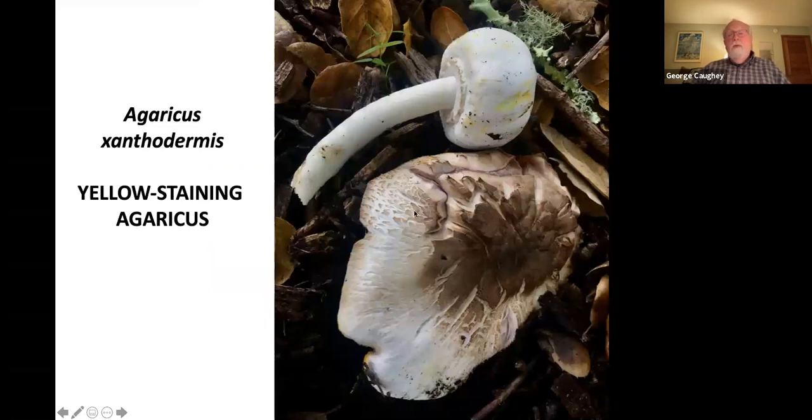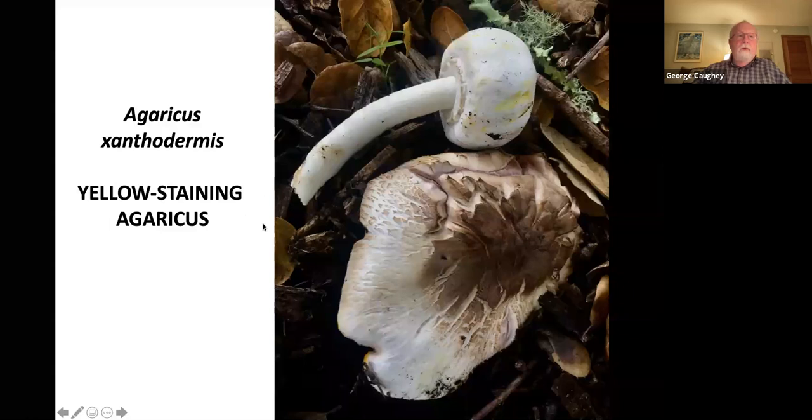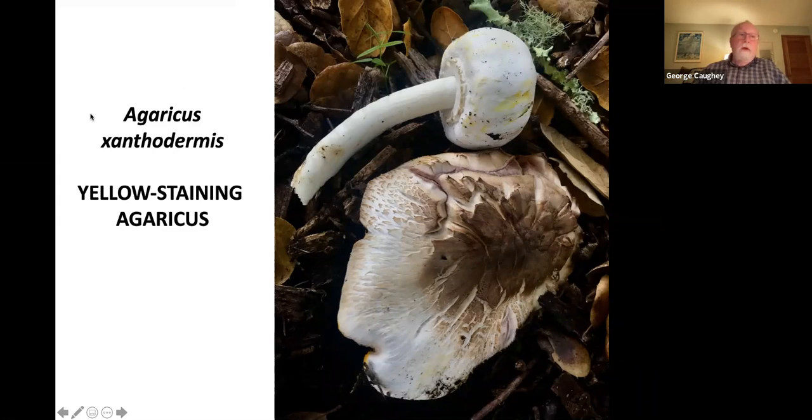Here's another one. This actually came from Huddart Park, but it's a different species. It's Agaricus xanthodermus, the so-called yellow staining agaricus. I hope you can see the yellow staining if you scratch the surface. Otherwise, it looks a lot like a button mushroom. It's still the agaricus genus, but these two mushrooms are the same species. In fact, they were growing out of the same cluster. What I wanted to point out was that this mushroom was hiding under this one.